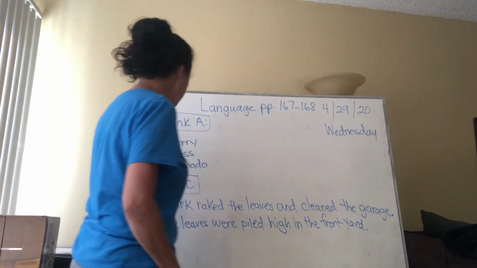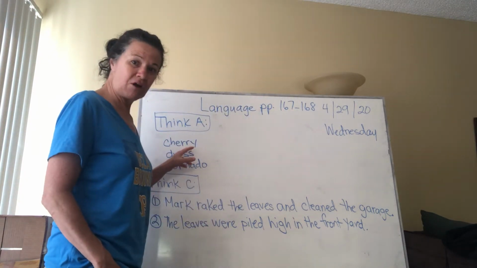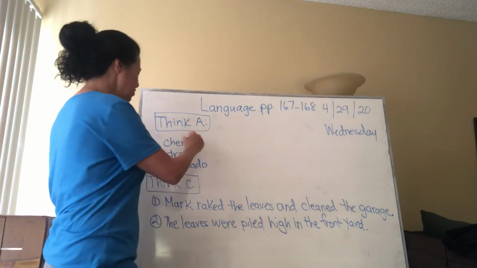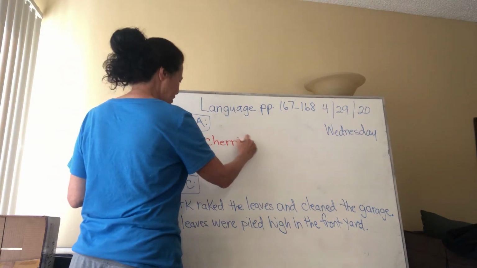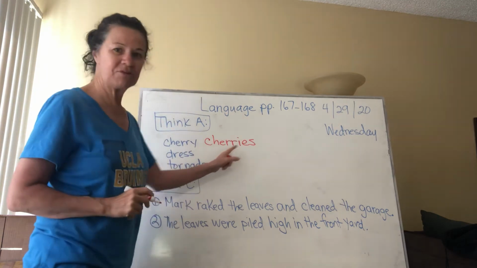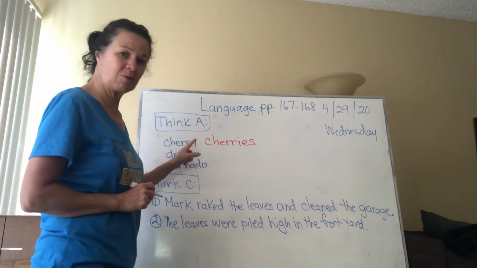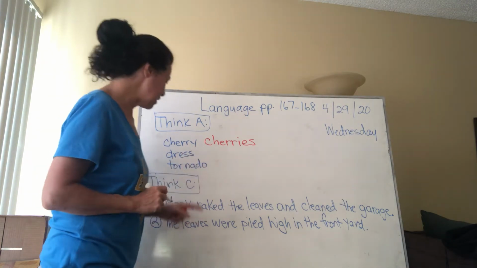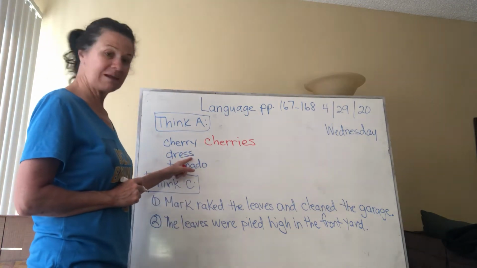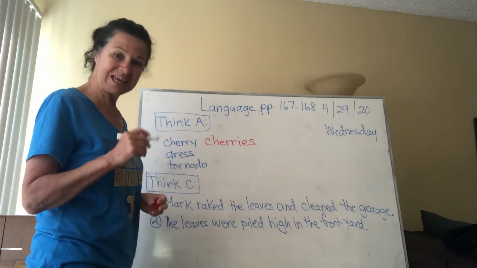We know that words that have a consonant, like an R and then a Y, we drop the Y and we add I-E-S. So C-H-E-R-R-I-E-S. Cherry becomes cherries. Once again, consonant Y, drop the Y, there's a consonant in front of it, and add I-E-S.